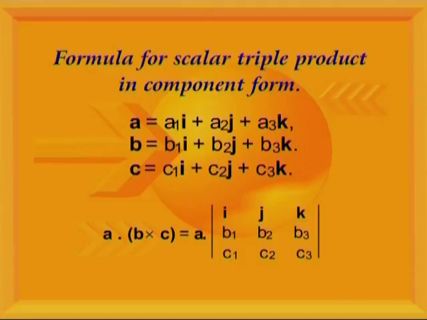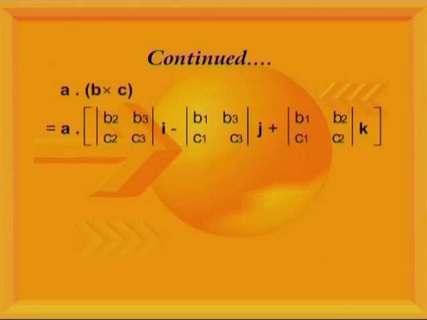And we are evaluating this determinant, which will be equal to determinant of B2, B3, C2, C3 times i, minus determinant of B1, B3, C1, C3 times j, plus determinant of B1, B2, C1, C2 times k.